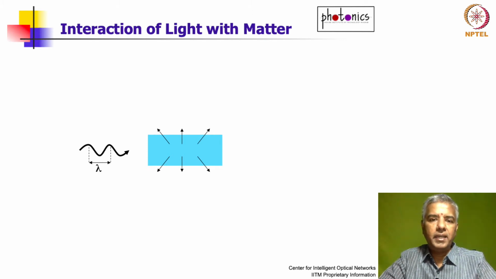The light can of course propagate down the fiber and get transmitted, but some part of the light may get absorbed within that medium, and part of the light also gets scattered.